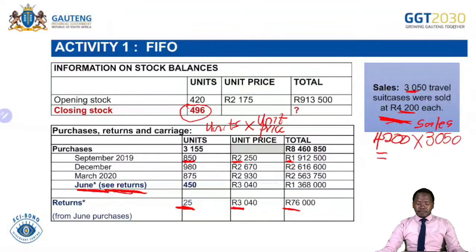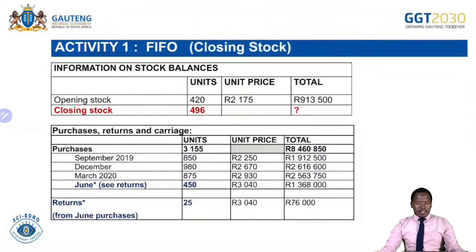Now, grade 12s, we are now going to recap and gain a skill on how to calculate the value of closing stock. Our focus now is on the calculation of the value of the closing stock. How do I calculate it?